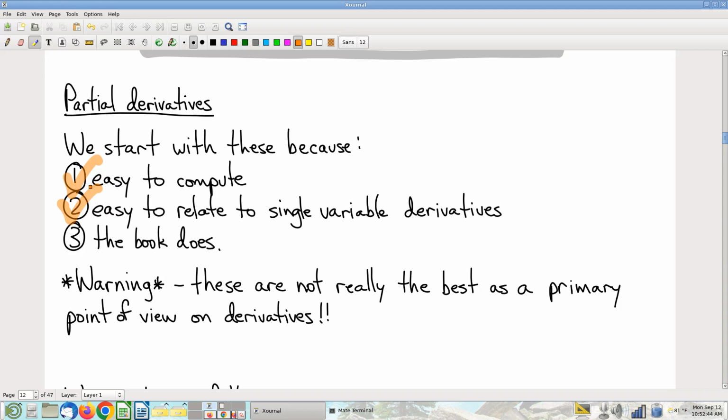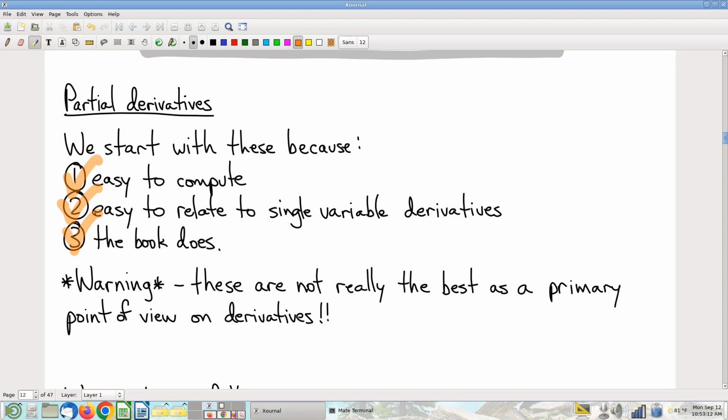They're going to look a lot like single variable derivatives in a way. And that's nice, right? The very first time you make the jump into doing multivariable calculus, it's kind of nice to say, oh, it's kind of like in single variable calculus. That's good familiarity. Also, the book does it this way. And, all else being equal, it reduces confusion if I stay consistent with what the book does.